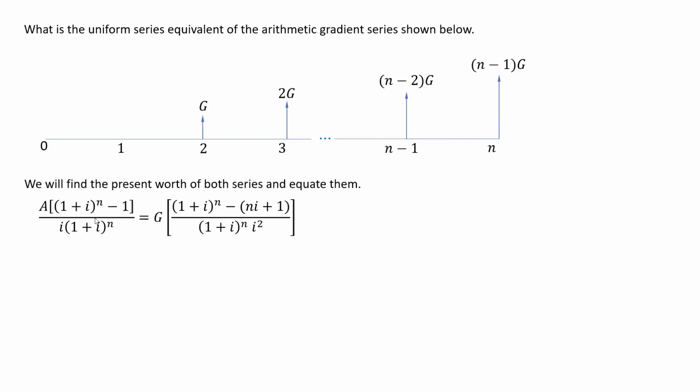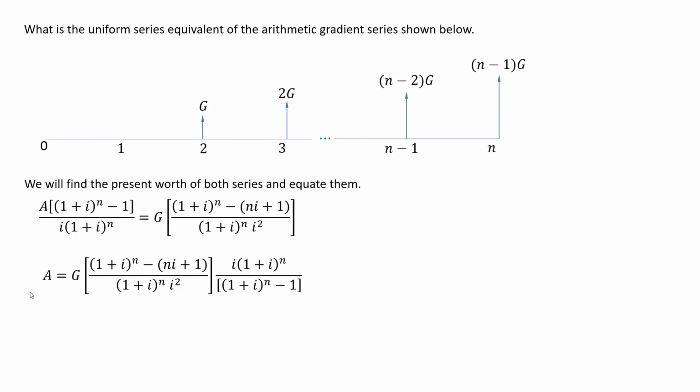So here I have the present worth using the uniform series, which should be equal to the present worth of the gradient series. Cool? And now it's just a matter of what A should be. Can you solve for A? Algebra. Multiply both sides by the reciprocal of whatever A is being multiplied by on the left-hand side.